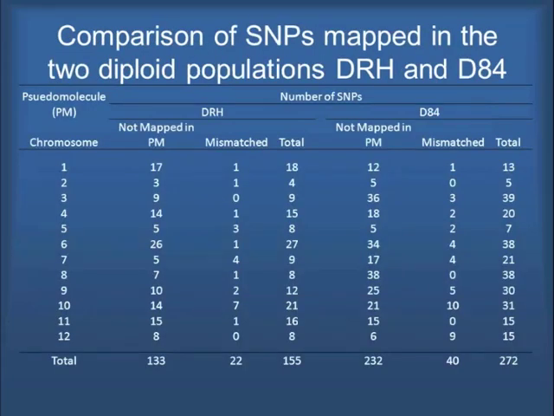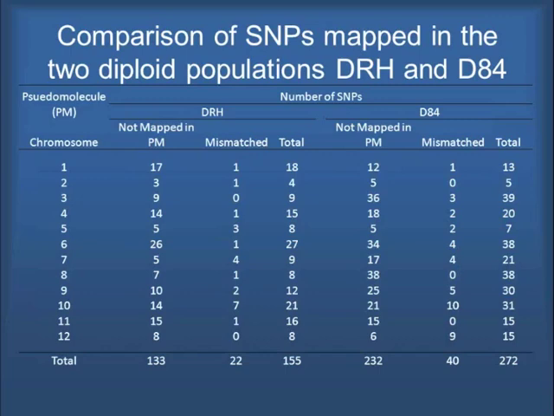So here's a table summarizing the SNPs that were mapped in the two diploid populations. We have the pseudomolecule, and by chromosome, we had 133 in the DRH population that were not mapped in the pseudomolecule, and we had 232 that were not mapped in the D84 population.